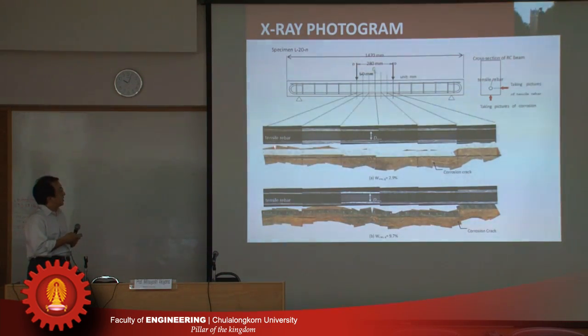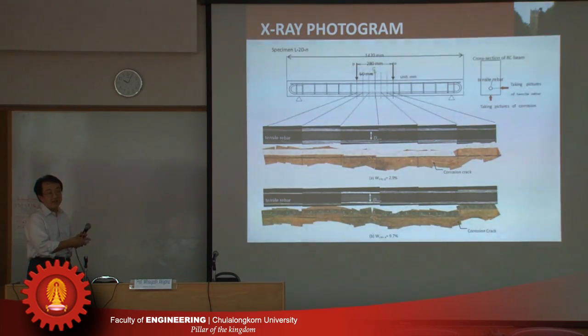You can see this is a rebar, and this white part shows concrete. And this is a corrosion crack on the bottom surface of RCB. And this is the averaged steel weight loss.